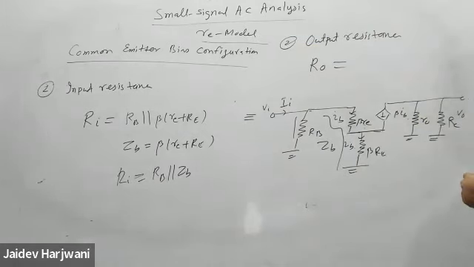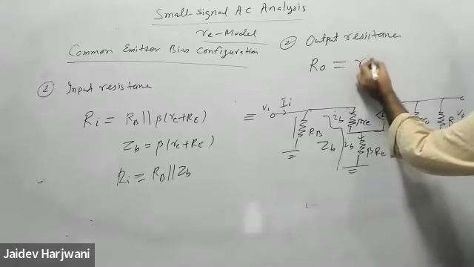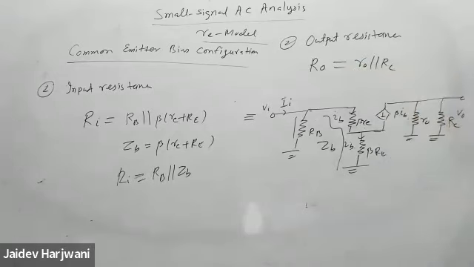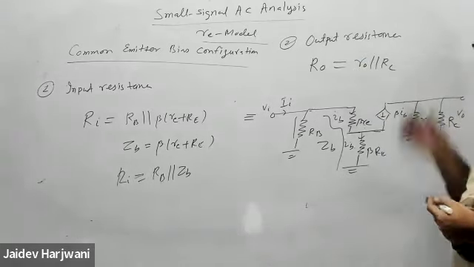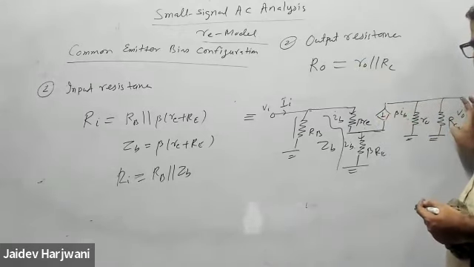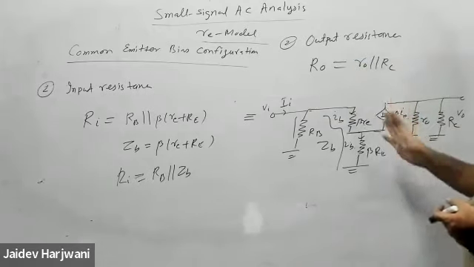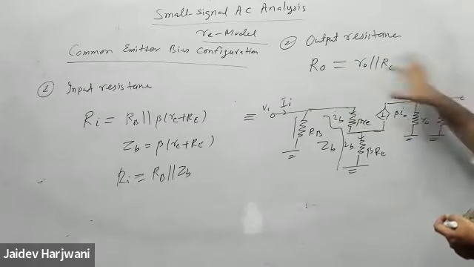Sir, it will be parallel, there are just two here, it will be the same. R naught parallel to RC. That's it. Nothing changes, it will come as before. This is open. You're measuring resistance, Thevenin equivalent, so all sources should be deactivated. This will be open from here. So you have only two resistances, R naught and RC. That's it.